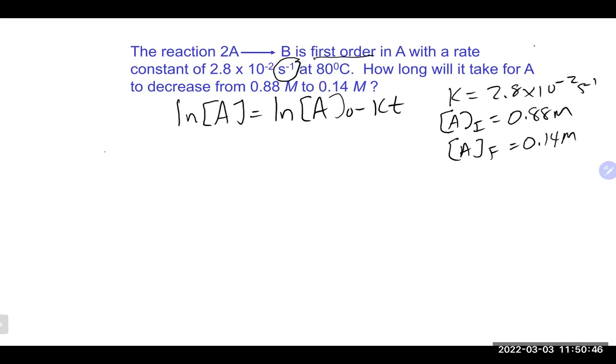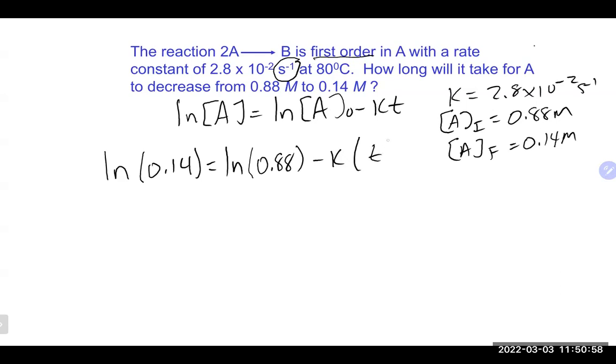So putting it in, we go natural log of our final 0.14 equals the natural log of our initial 0.88 minus k times our time. Let's put the k in there, which is 2.8 times 10 to the minus 2 reciprocal seconds times our time.